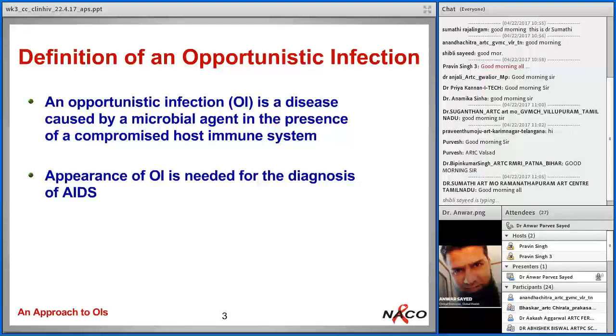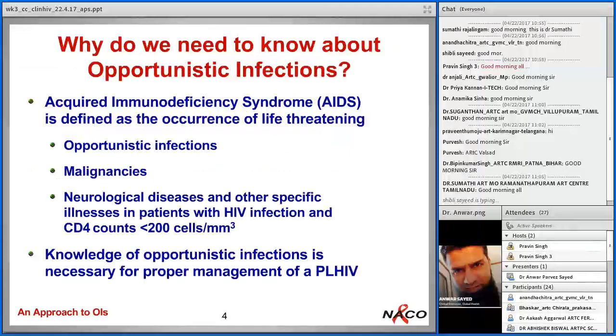If someone has an infection that is hidden, with no sign or symptom, you don't call that stage AIDS. Unless it is apparent, we don't call it AIDS, because it is a group of symptoms, a syndrome. So an infection happening in a host whose immunity is compromised is called an opportunistic infection.